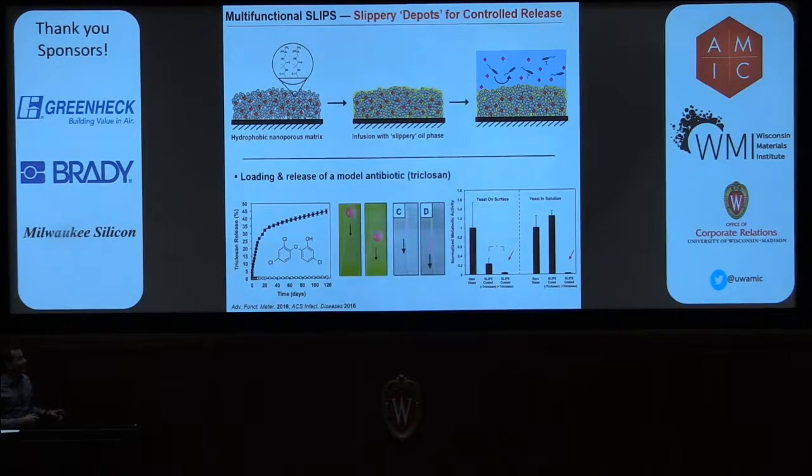The amount of triclosan released was at relevant concentrations and was able to do two things. One, it increased the efficiency of the SLIPS by reducing the viability of the cells on the surface of the SLIPS, but it also significantly reduced the viability of the cells in solution when compared to the bare surface and the SLIPS as well.